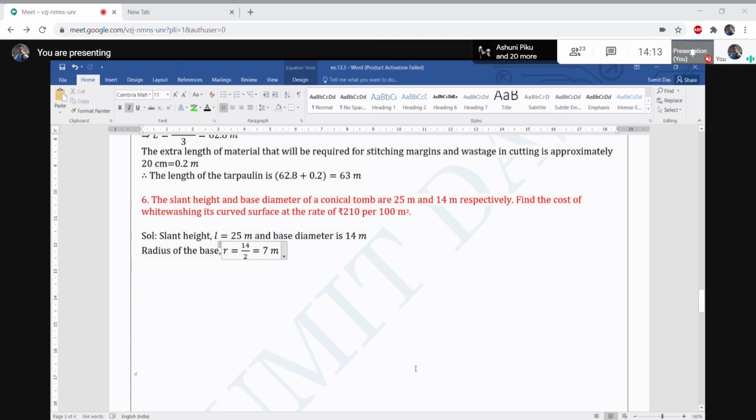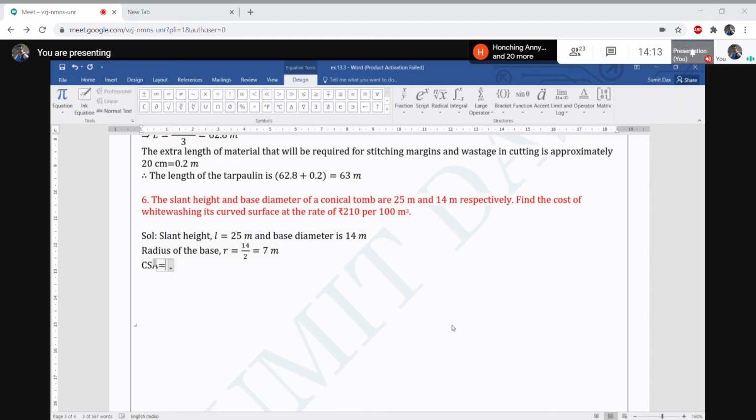After that we have to find the curved surface area. Therefore CSA is equal to pi R L, pi value 22 by 7 into R value we got 7, then L value we got 25. Simplifying, 7 and 7 cancel, it will be 22 into 25, which is equal to 550 meter square.